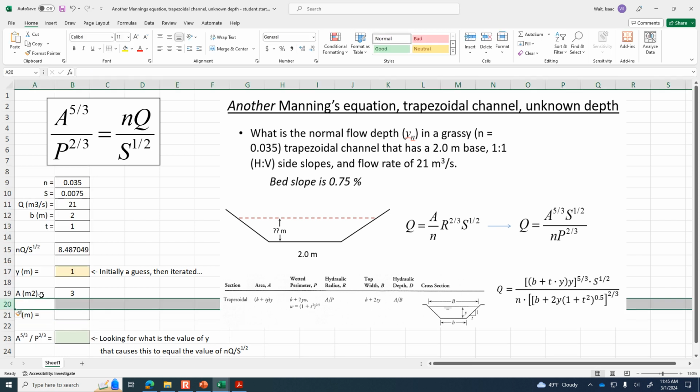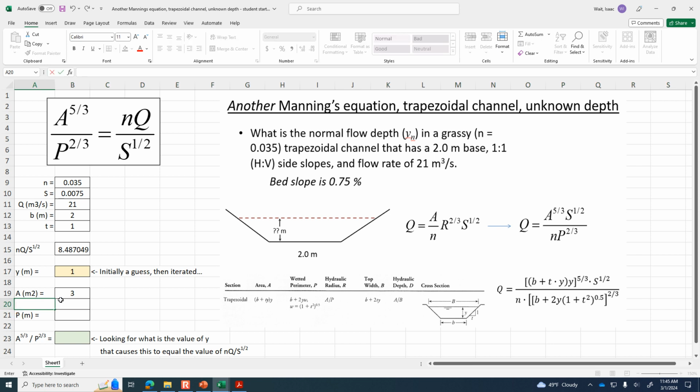I'm going to add another row, and here's W. So if you just right-click and add another row, let's calculate W so that then we can refer to W when we're calculating P. So W is (1 plus T squared) to the power of 0.5. 1.41.